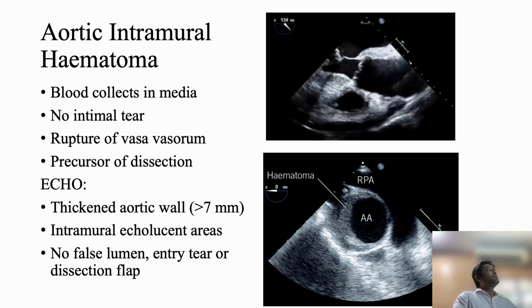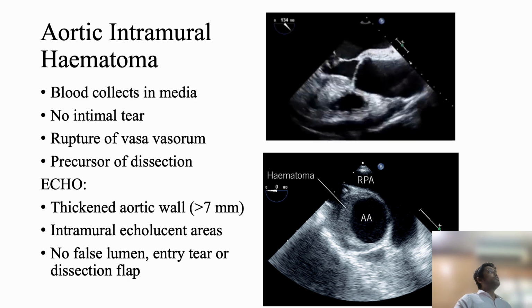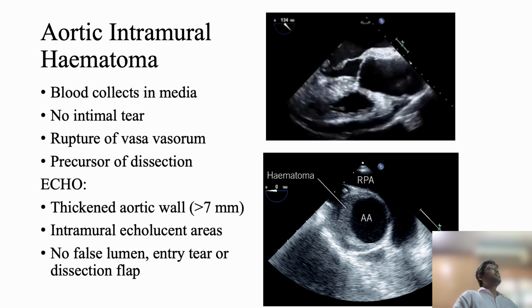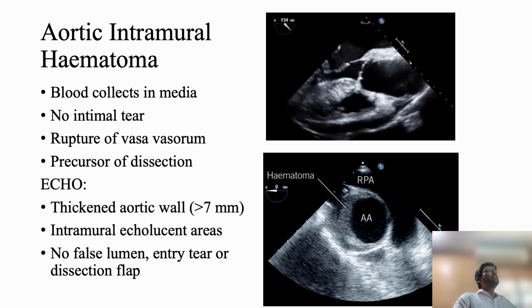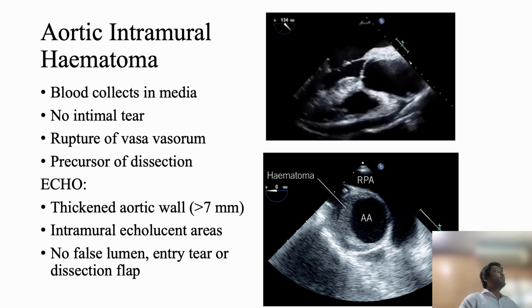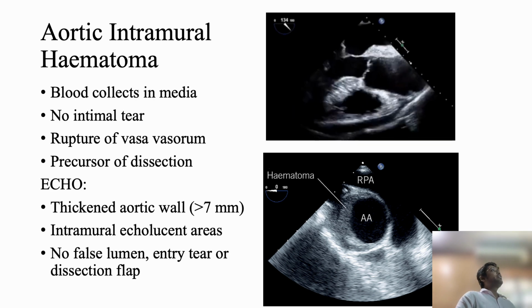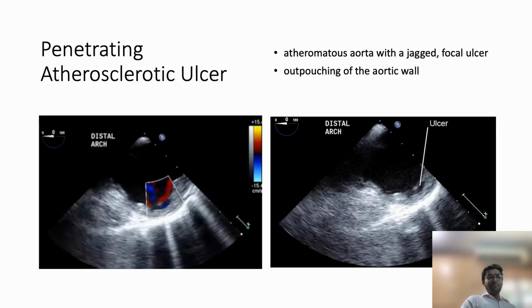So this is a precursor of the dissection. If on echo we see a thickened aortic wall of more than 7 mm, that is a sign of aortic intramural hematoma. There are also intramural echolucent areas when the blood gets reabsorbed. So no false lumen, entry tear or dissection flap is seen.